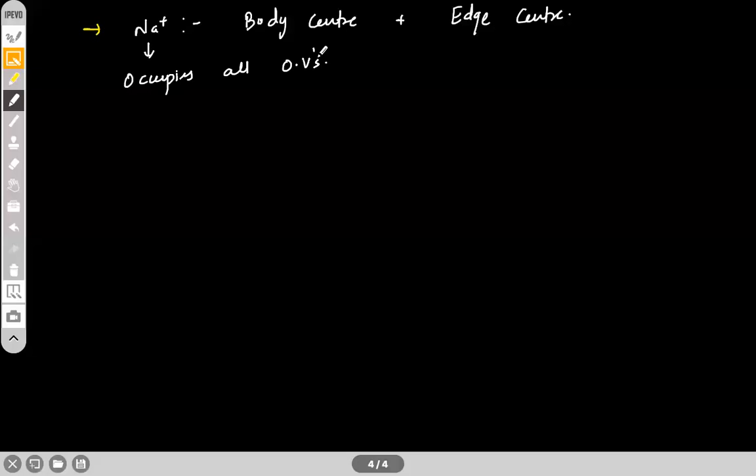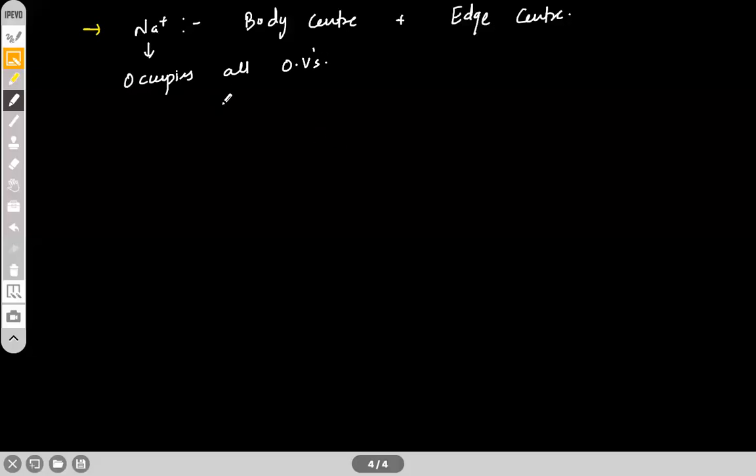And we know octahedral voids are present at body center, so it is present at body center plus edge center, right? It occupies all OVs, octahedral voids.